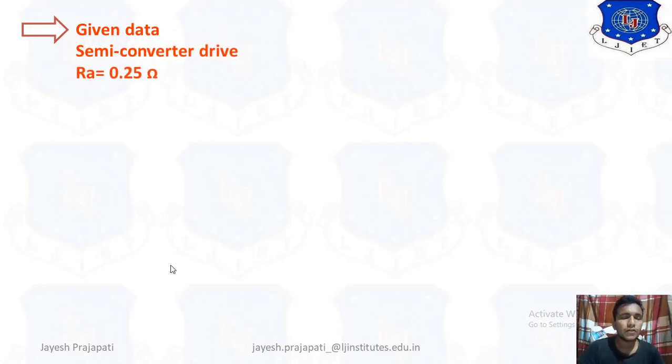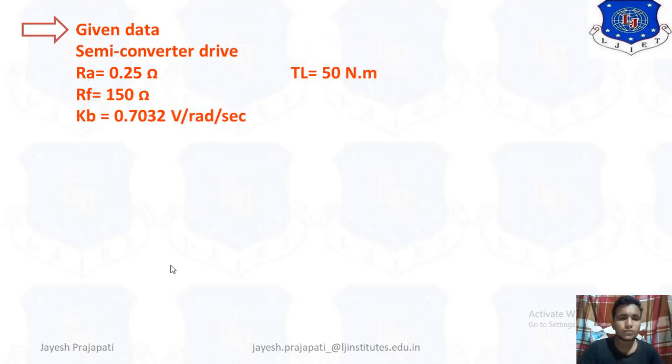Now the given data for this example, the semi converter drive: RA is equal to 0.25 ohm, RF is equal to 150 ohm, and kV is equal to 0.7032 volt per radian per second, TL is equal to 50 Newton meter at 1000 RPM, and supply voltage is equal to 230 volt.